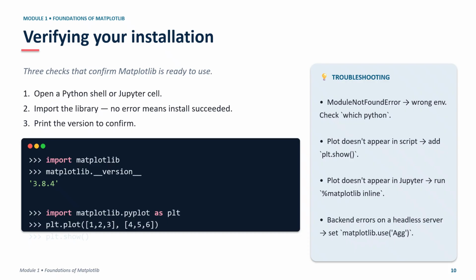If there is a backend error on the server, you can set matplotlib.use('Agg') before importing pyplot, and then use the plt.savefig method to save your file. So you can confirm whether you have installed your Matplotlib library correctly or not.